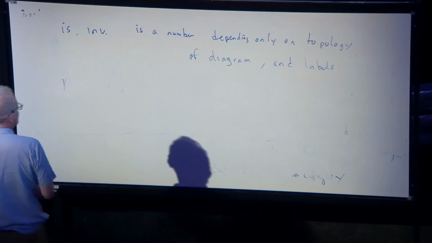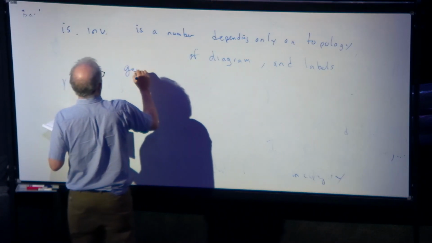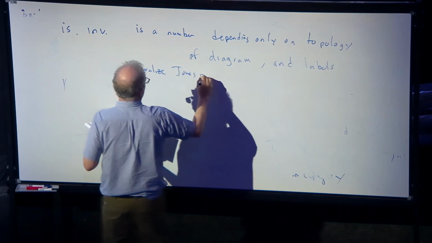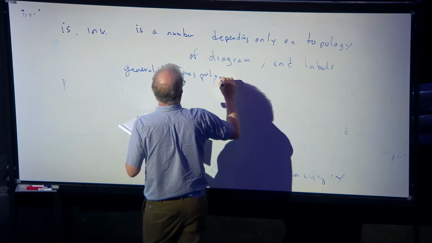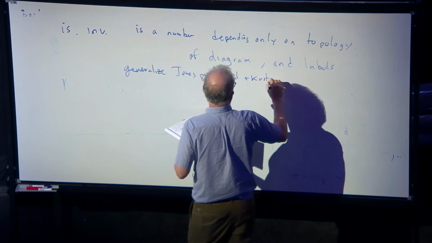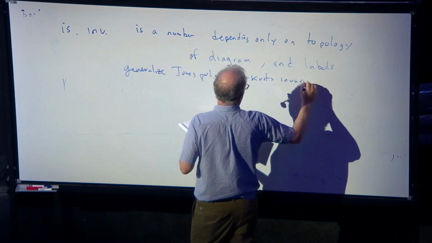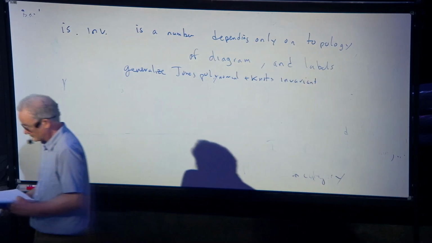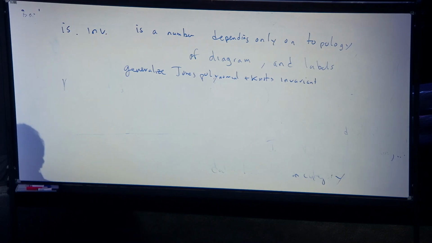Okay, so like I say, these generalize the notion of the Jones polynomial and knot invariants. And the generalization is because you don't have this braiding that I mentioned briefly before. And again, it started with Moore and Seiberg's work.